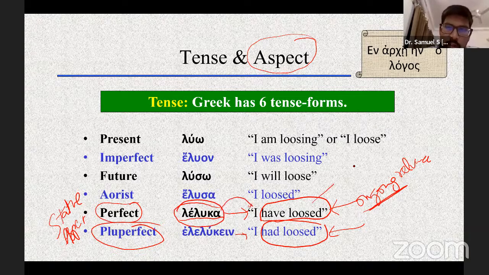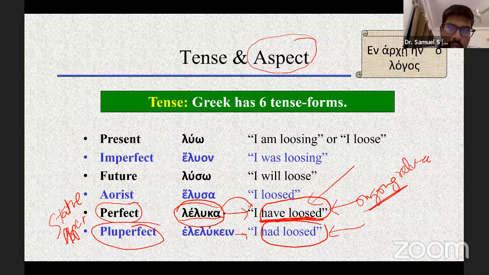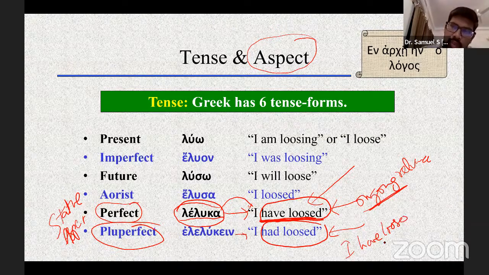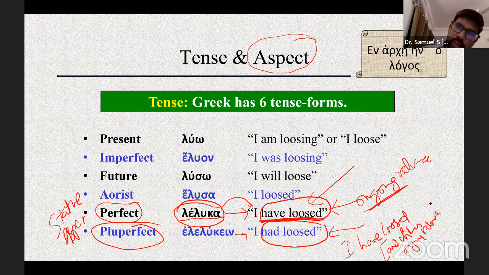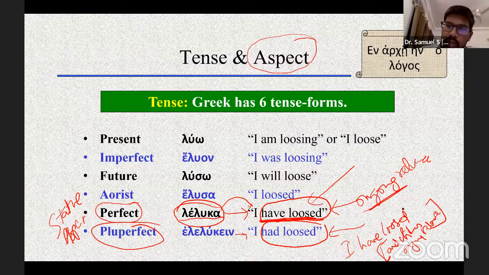So even though in our English Bible we may just see I have loosed, and we know now that this is in the perfect tense form, in our mind we need to have the idea of something like I have loosed, and it has ongoing relevance. One way this can be ongoing relevance is that the loosing is still going on. For example, there's a donkey, right?